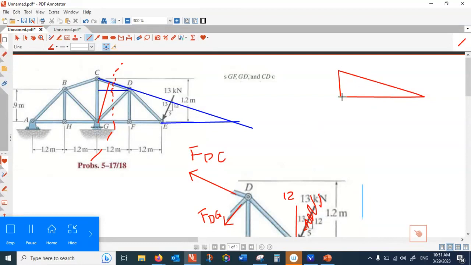All right, so that dimension is 1.2 take away 0.9. That's 0.3.